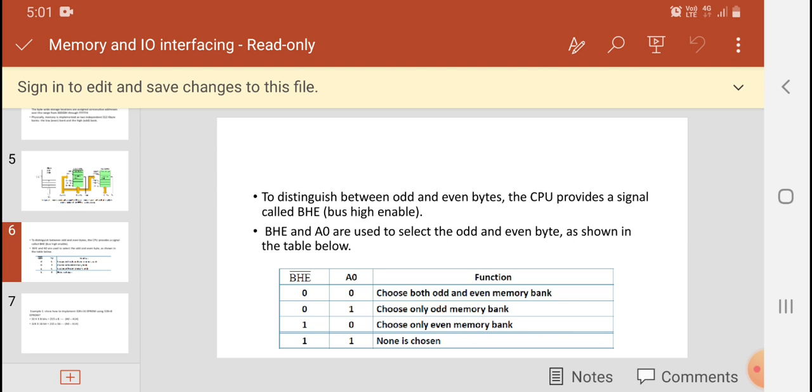If BHE is 0 and A0 is 1, you can access only the odd bank. If both are 1 and 1, no registers can be chosen; it becomes virtually not available. So the BHE bus high enable pin is used to select which memory bank you are going to access.